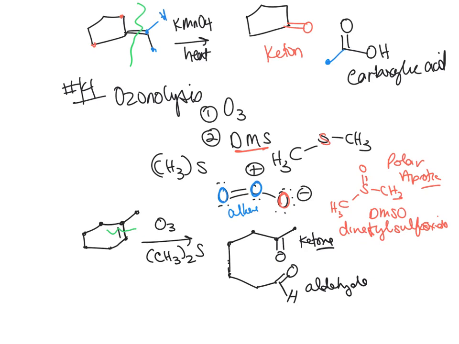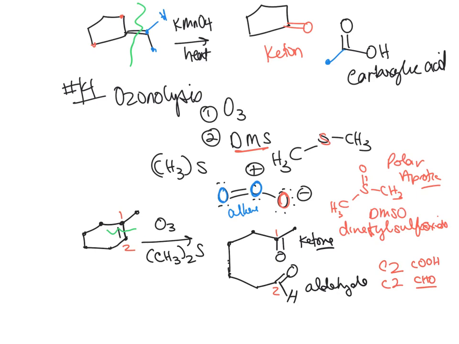Compare the product of the ozone reaction above to the oxidative cleavage product in Model 4. What is different? So the C2, we call this C1, C2. The C2 in permanganate becomes a carboxylic acid, whereas the C2 in the ozone becomes an aldehyde. Determine a rule for how differently substituted alkenes are oxidized with ozone.